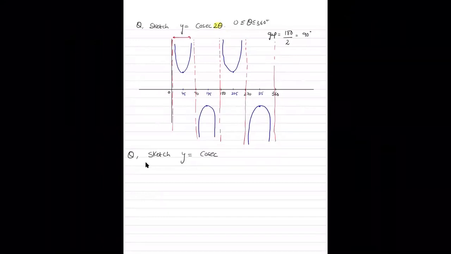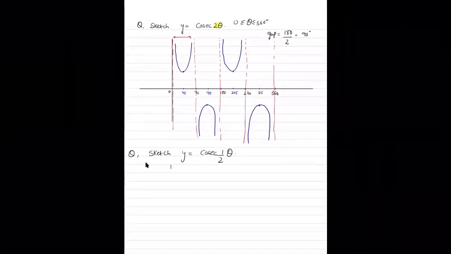If this was cosec half theta, then what would be the difference? Then the gap would be bigger. Even bigger, yes. Previously you always deal with the asymptotes first. In the basic graph of cosec theta, the asymptotes were 180 degree apart, and the first asymptote was at 0.